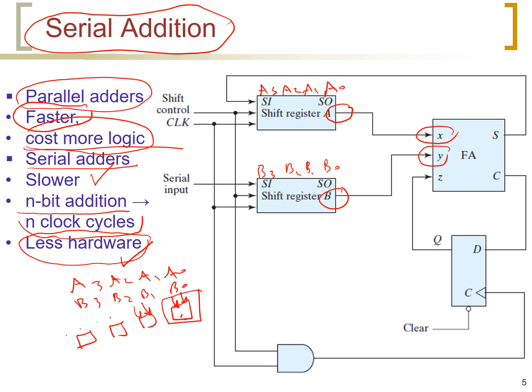And the input Z of the full adder, we connect it to the output of a flip-flop, which we call the Q flip-flop. It is of D type, and this flip-flop is cleared initially, so we have 0 here, and as you can see, this has a direct clear input as we studied before in the D flip-flops.